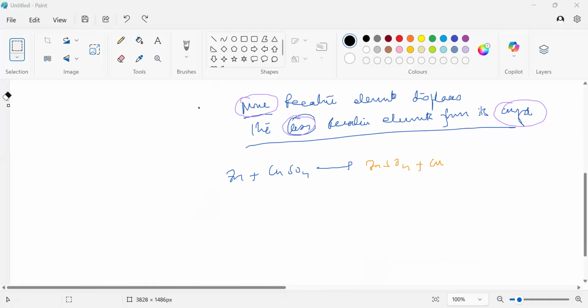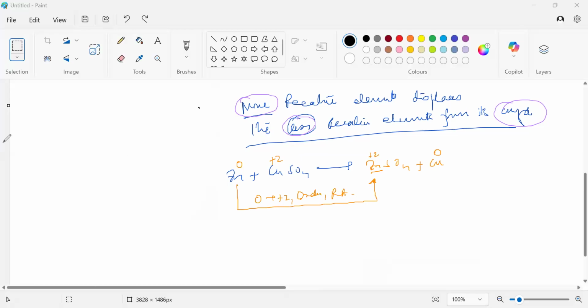Now, what's happening over here? Zinc is going from 0 to what? The oxidation number of zinc in zinc sulfate is plus 2, SO4 is minus 2. Copper is plus 2 here and 0 there. So put the boxes. Zinc goes from 0 to plus 2. It's loss of electrons, oxidation, and zinc is the reducing agent.